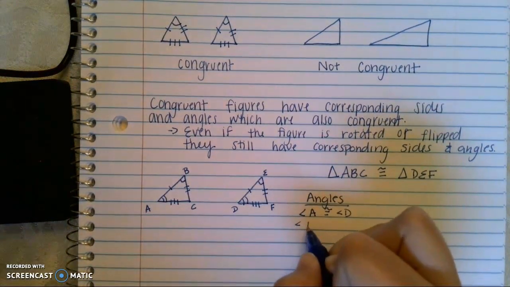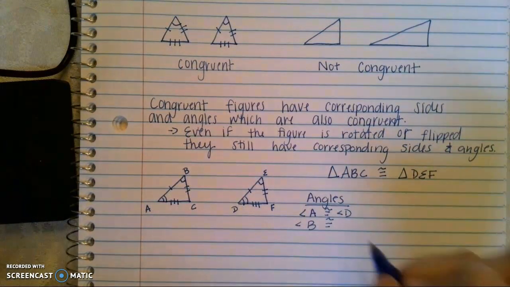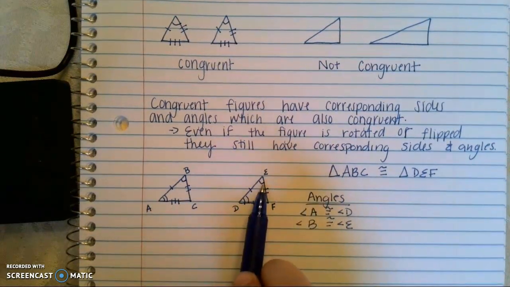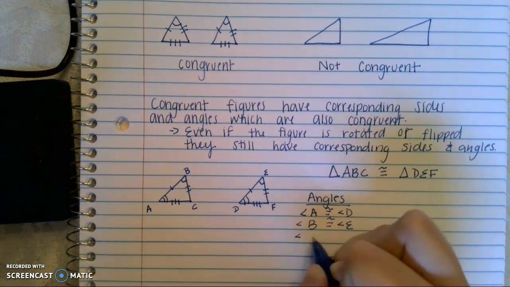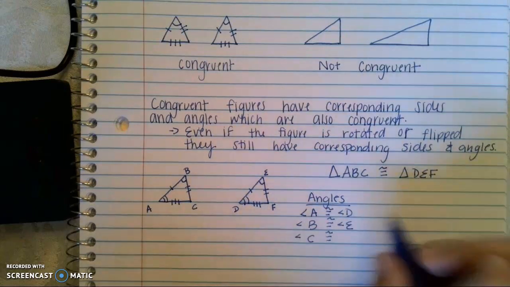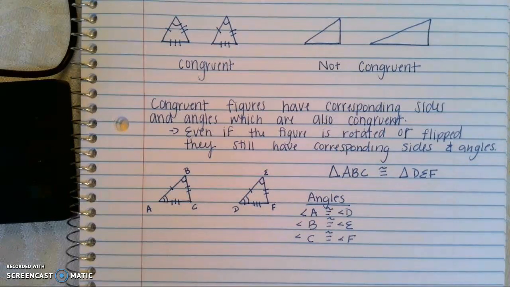Angle B is congruent to angle E. We can also match them up because it has one swoop to one swoop. Sure, it has a technical name, but I always call it a swoop. And then angle C is congruent to our last one, no swoops to no swoops, angle F. So that's all of our angles.